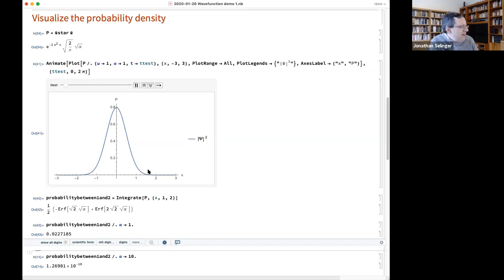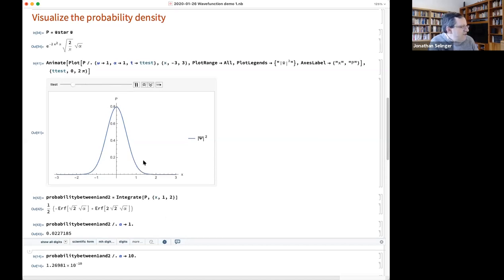So that's saying that the area under the curve here between 1 and 2 is 2% of the total area under the curve everywhere.